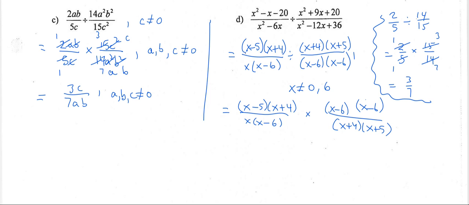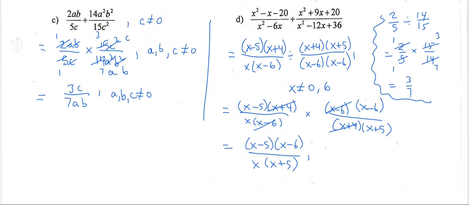Okay, so x plus 4 and x plus 4 will reduce, x minus 6 and x minus 6 will reduce, and now I have x minus 5 times x minus 6 over x times x plus 5. Nothing else reduces. Remember, I can only reduce complete factors, and I have no factors that are the same now. So I'm just going to restate the restrictions.